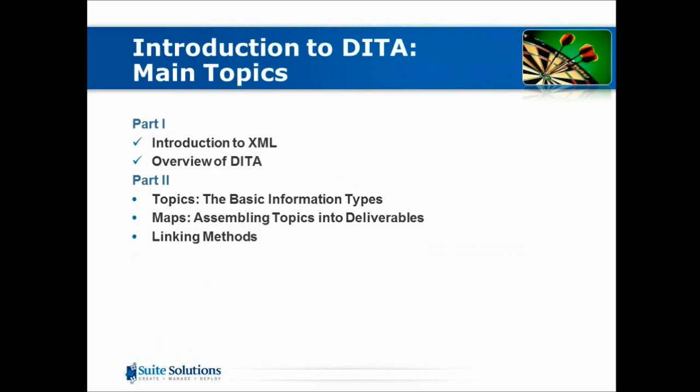So last time we spoke about an introduction to DITA, an overview of XML, and an overview of DITA. And this time we're going to be talking about topics, which is the basic information types of DITA, and maps, linking methods, and I think you'll see those 3 bullets are going to be expanded to fill a lot of interesting content.